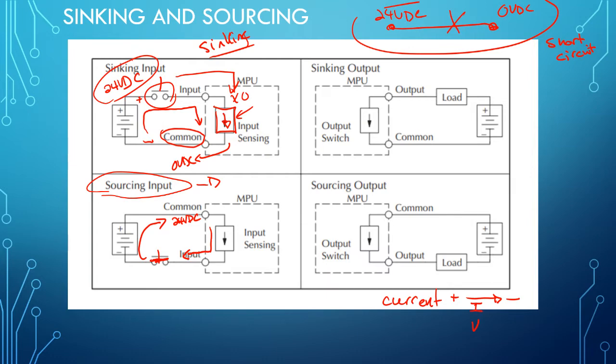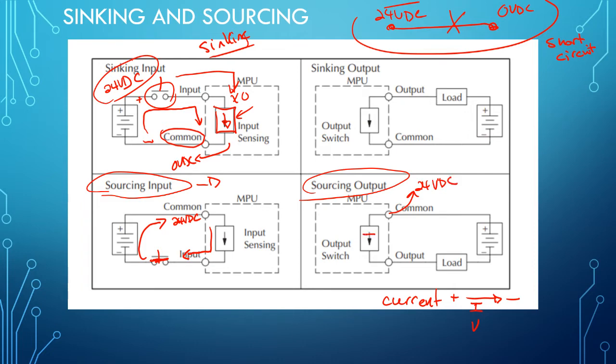The same thing with syncing sourcing outputs. Most of the industry uses sourcing outputs. Our PLC uses sourcing outputs. Notice that now the PLC has 24 volts connected to it.